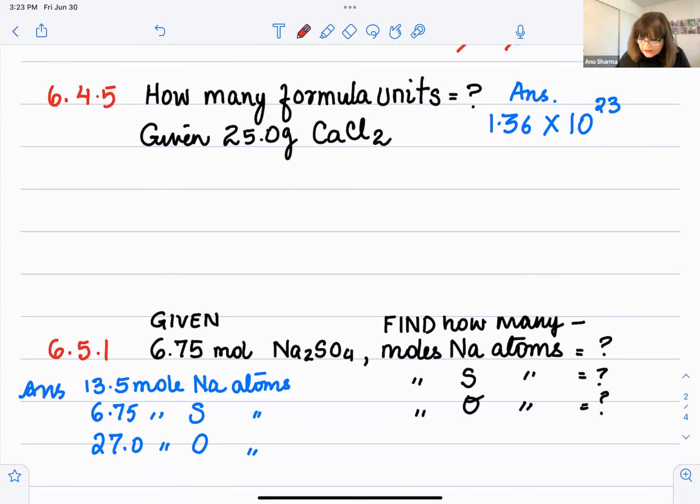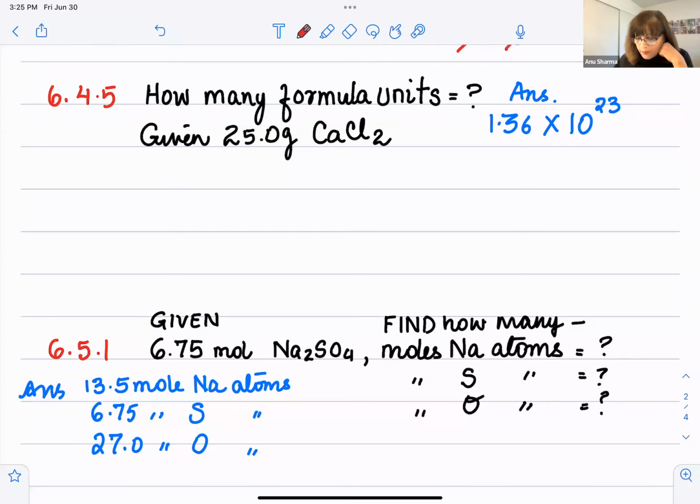Next is, how many formula units? Basically, formula units in this case are being used like the number of atoms that make up a molecule. When we talk about formula units, we are looking at how many molecules, because this is a compound, and obviously these are molecules, two or more different types of atoms.